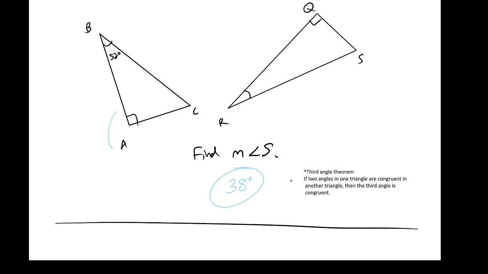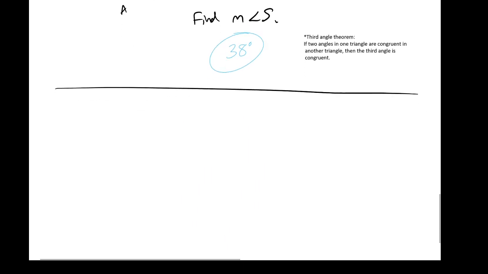And moreover, we have A and Q equal, and B and R congruent. So we could use those to substitute with each other. We could substitute Q and R with A and B and say that A plus B plus C is equal to A plus B plus S, right? Take away A and B from both sides, and you know that C is equal to S.